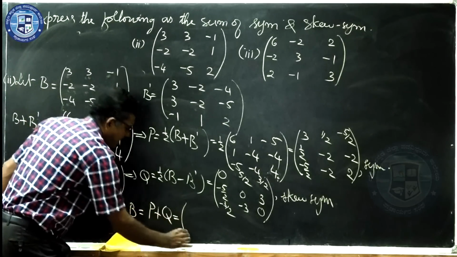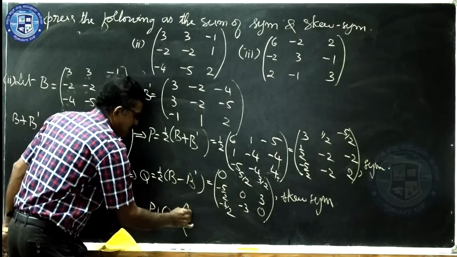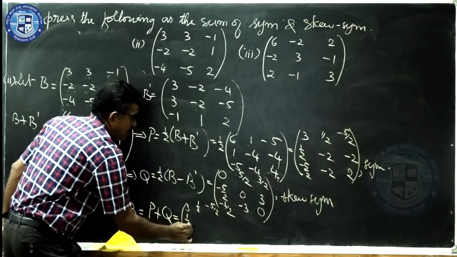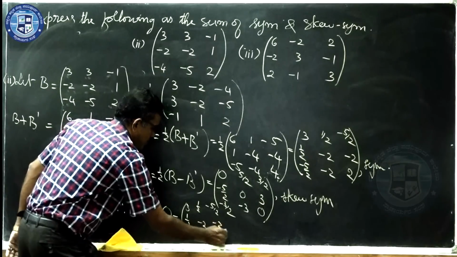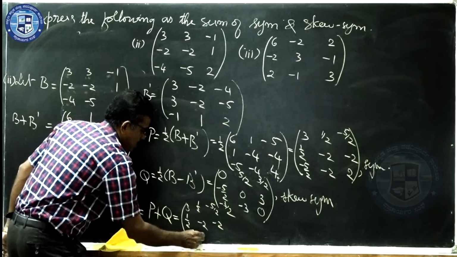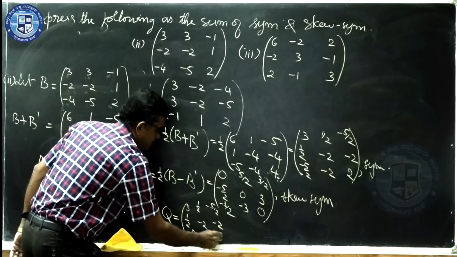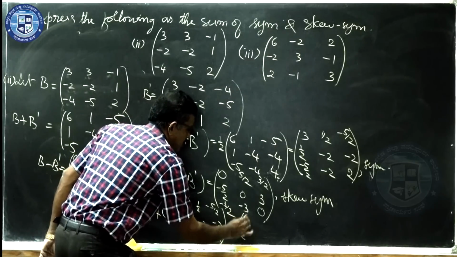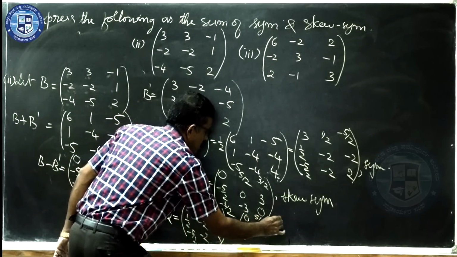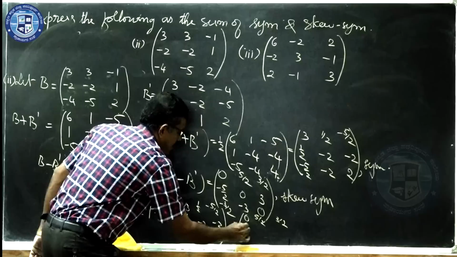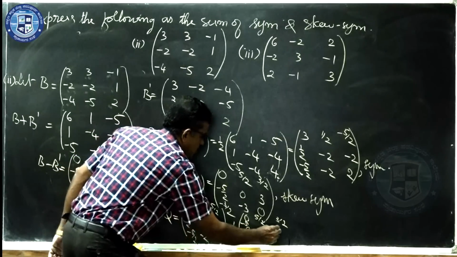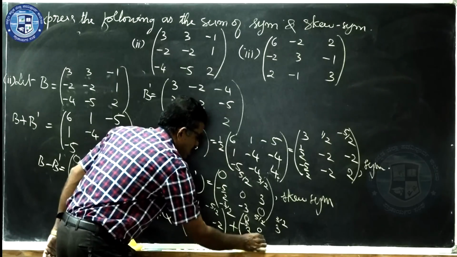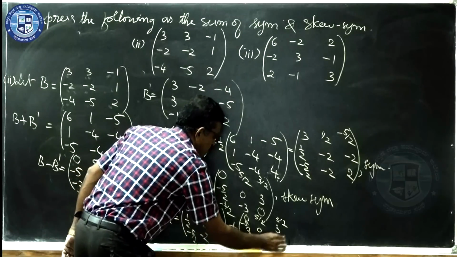So, that is nothing but you write the matrices like P is 1 by 2, minus 5 by 2, 1 by 2, minus 2, minus 2, minus 5 by 2, minus 2, 2, plus what is Q? It is 0, 5 by 2, 3 by 2, minus 5 by 2, 0, 3, it is minus 3 by 2, minus 3, 0.